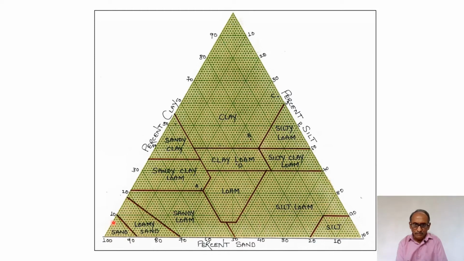So if it is 10%, then you have to see that 40% this line and 10% this line. So this is the point, and obviously the remaining percentage, that is 50%, so here you are getting silt is 50%. So the third value you will get automatically.